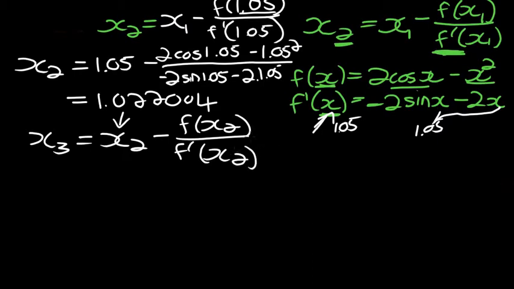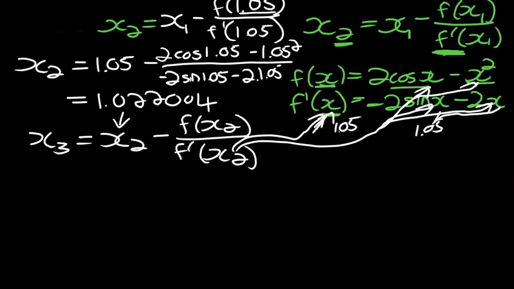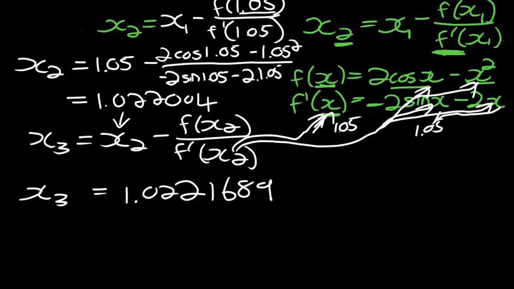So you just put x2 into all the x values of your derivative and of your function. If you substitute it, you will get a value of 1.0221689.